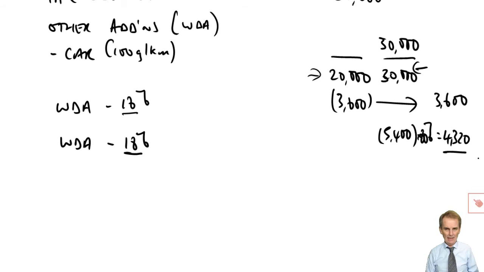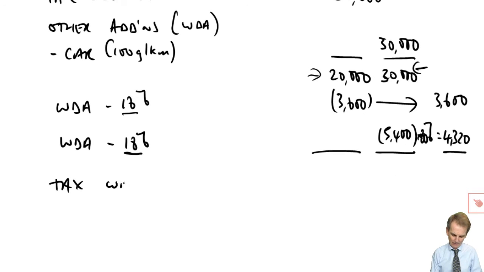So that's the allowance that is available out of 5,400, which was otherwise the full available WDA. But it is that 5,400 that is then deducted in determining the tax written down values to carry forward.